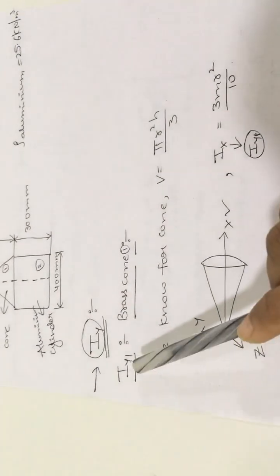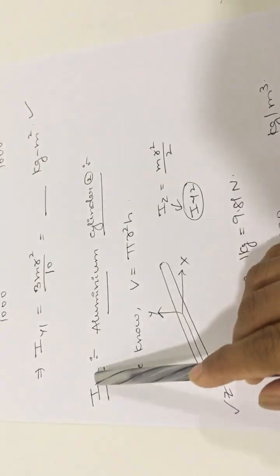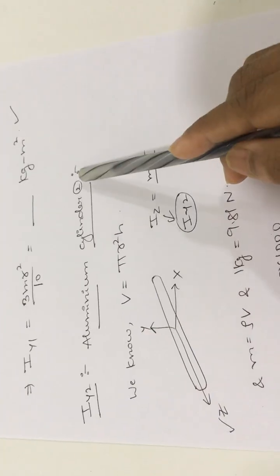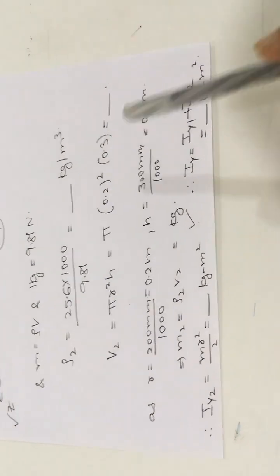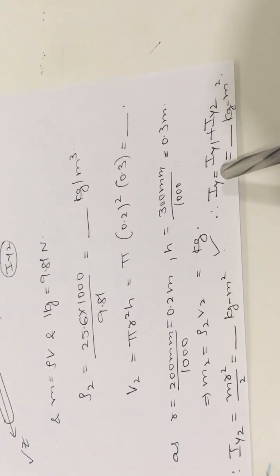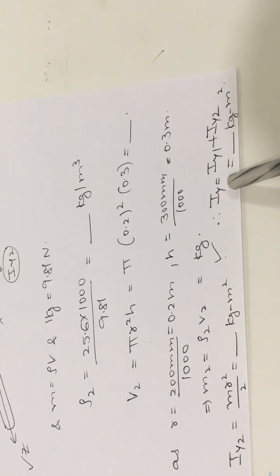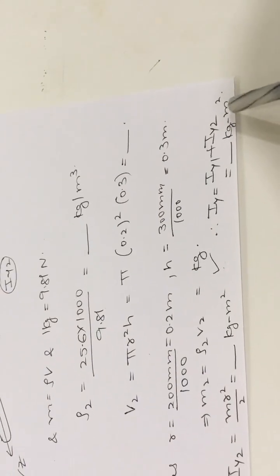Now we have calculated IY1 for the brass cone, the first section, and IY2 for the aluminium cylinder, the second section. As it is a composite body, we need to add both the values. So IY1 plus IY2 is nothing but the total mass moment of inertia about the vertical geometrical axis for the composite body, which you will get in terms of kg meter square.